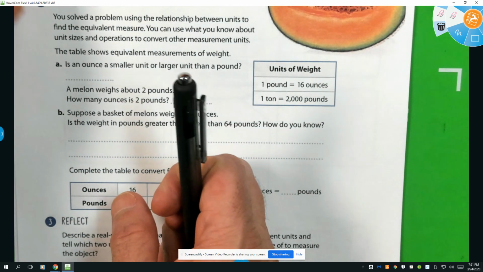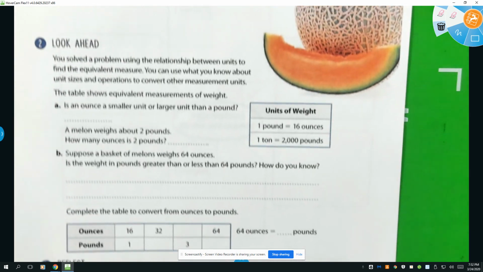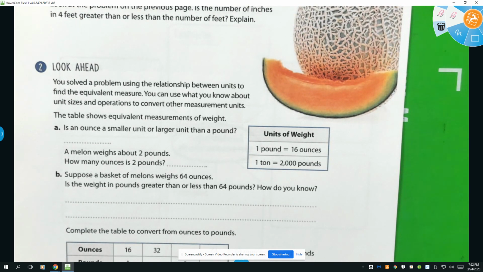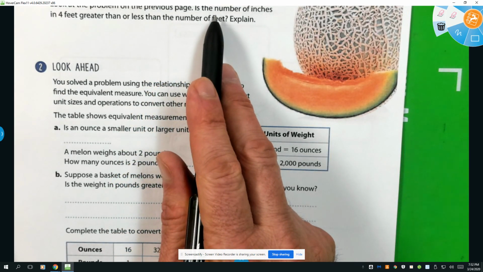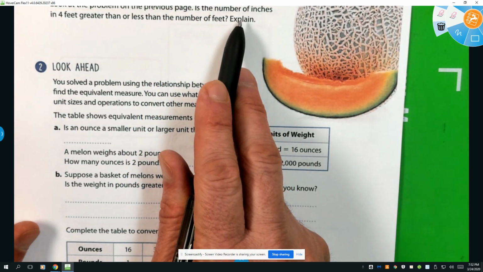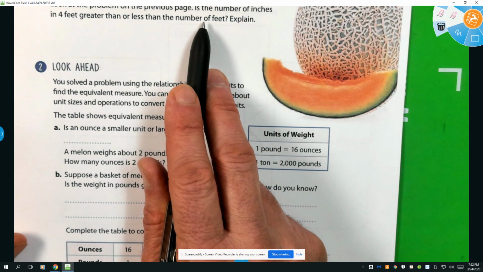Okay. Now we're going to do a look back. Look back at the problem on the previous page. Is the number of inches in 4 feet greater or less than the number of feet? Okay, so read it again. I'm sorry, I need to pull this down. So look back at the problem on the previous page. Is the number of inches in 4 feet greater than or less than the number of feet?